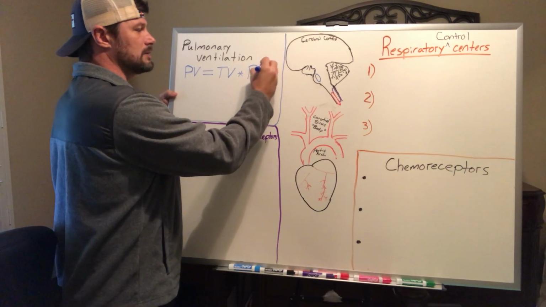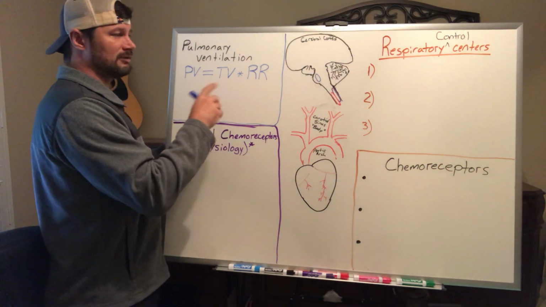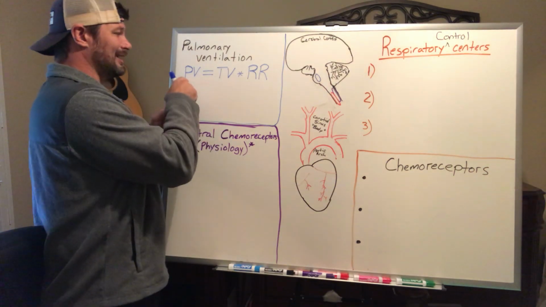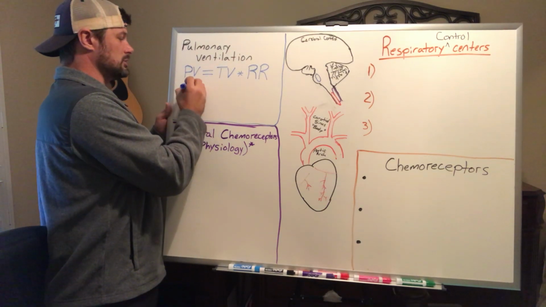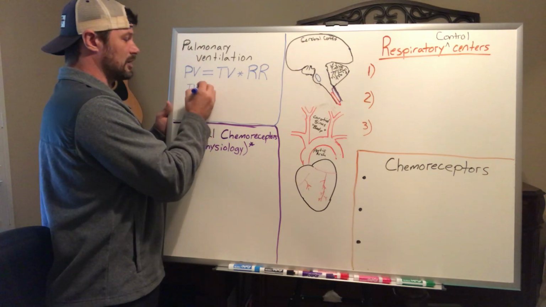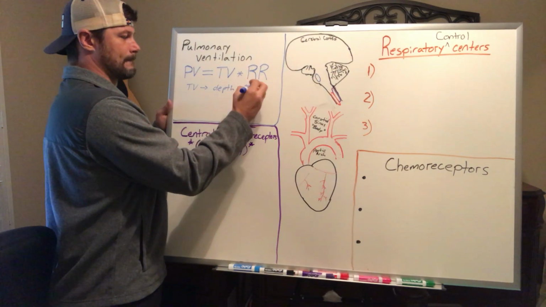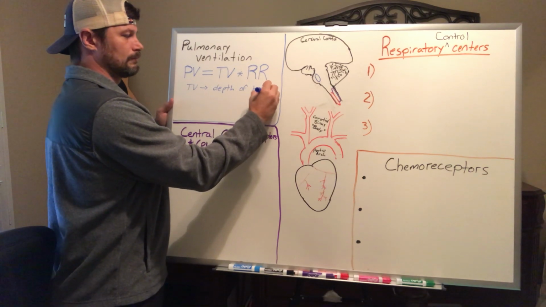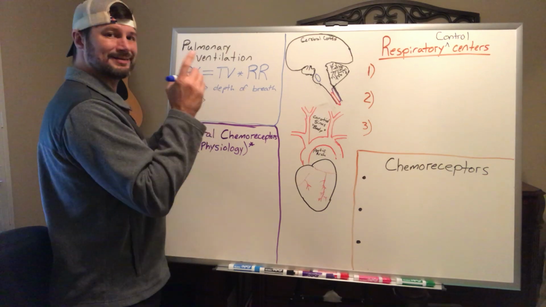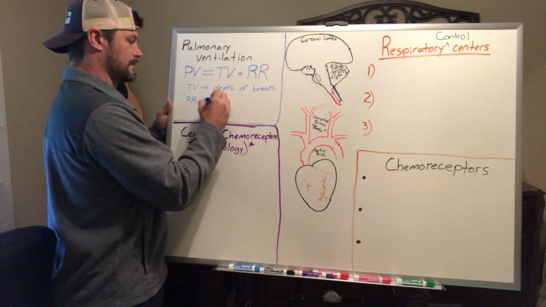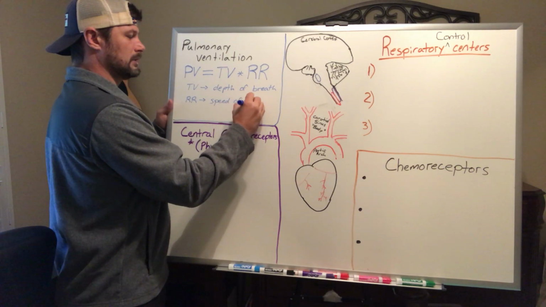Kind of breaks things up, so I'm going to abbreviate that as RR. So there are two main variables that will affect how much air we breathe: tidal volume, which is the depth of our breath, and the respiratory rate, which of course is the speed of breathing.